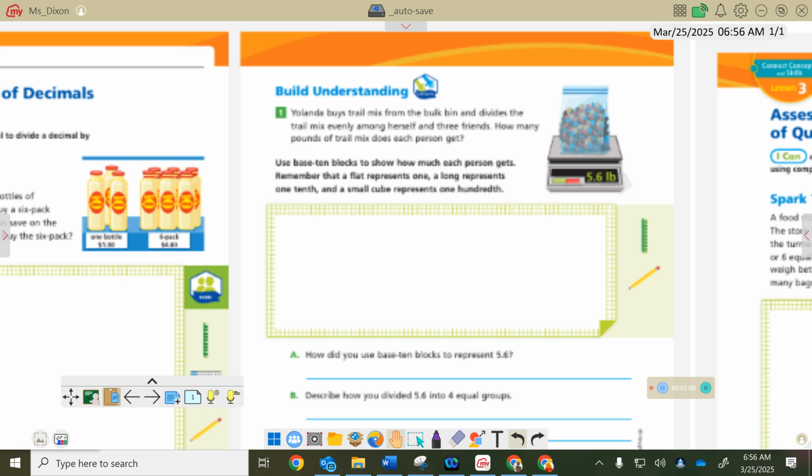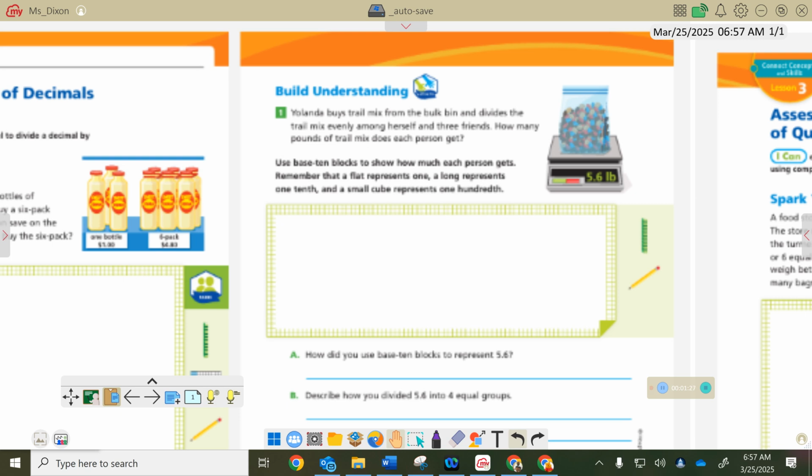How many pounds of trail mix does each friend get? In the box, they want you to use base 10 blocks to show how much each person gets. Remember that a flat represents 1, a long represents 1/10, and a small cube represents 1/100.